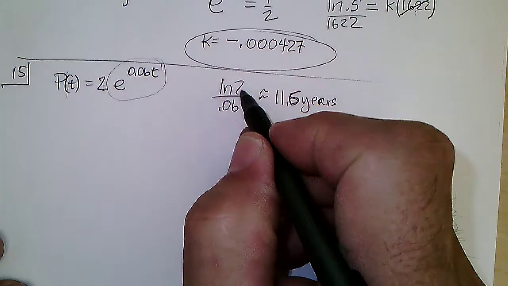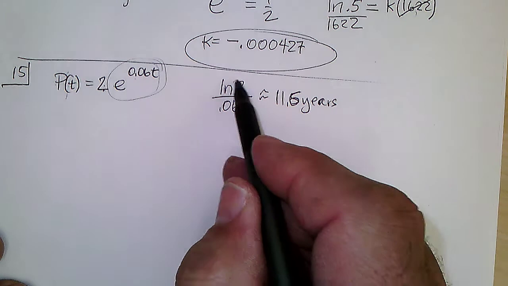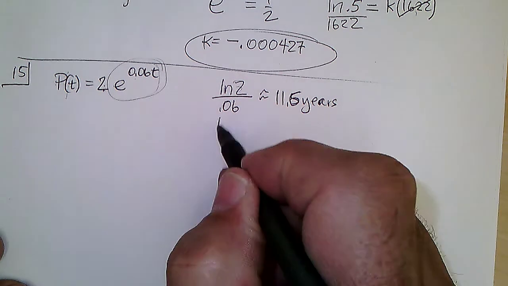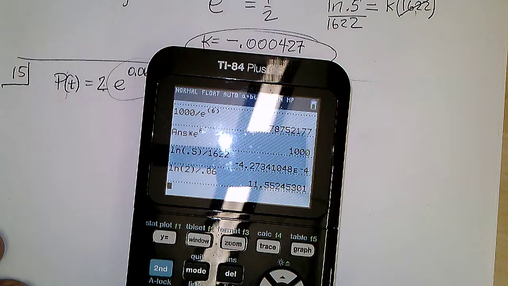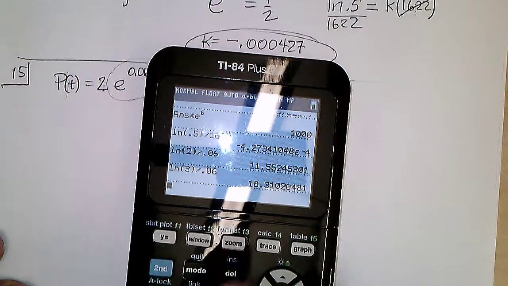And then it says triple. Well, then this would have to be 3. So it would be 3 in this spot. So it would be ln 3 divided by 0.06. And that would be 18.3 years.